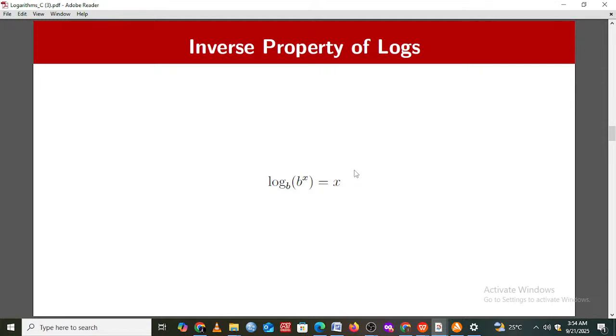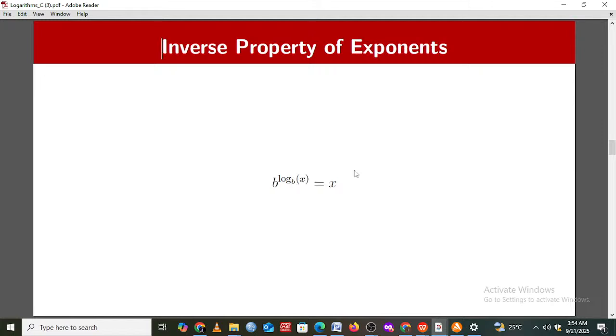When you use these laws, you'll be able to attempt any questions on laws of logarithm. Now we move to the next one, which is the inverse property of exponents.